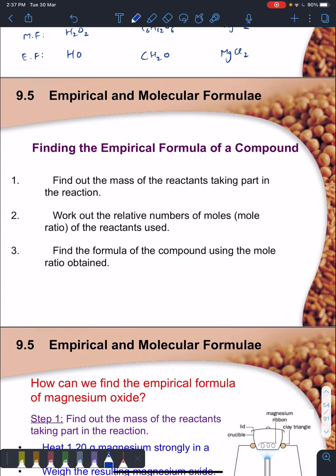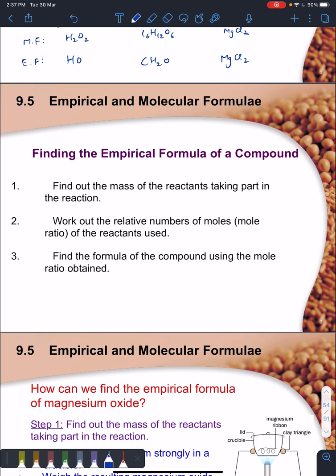So you look at the steps here and you might start to panic. Again, what I will tell you is don't panic. Remember the hashtag hack. Whenever you see the word empirical formula, you know that one thing you need to do: you need to have a table. I mean, not this kind of table, you need to show a table.